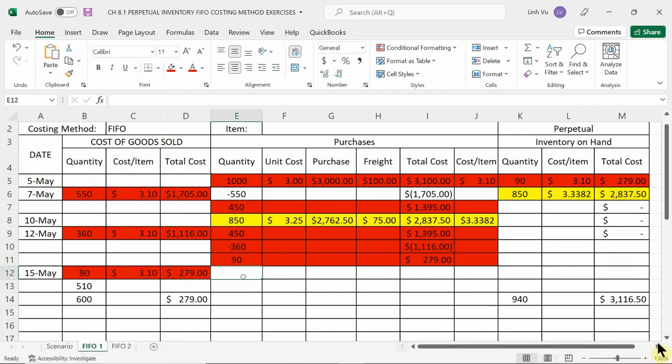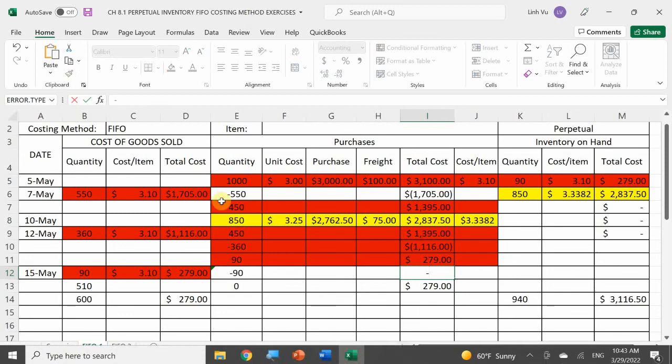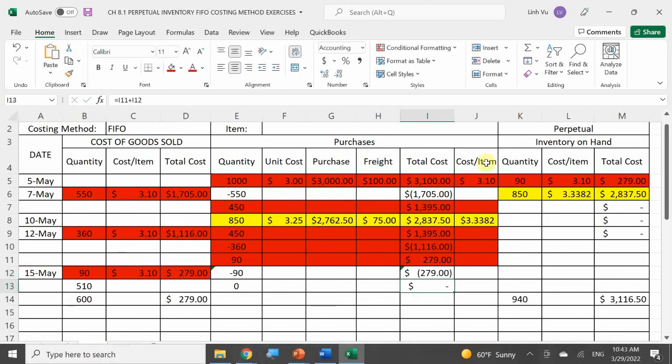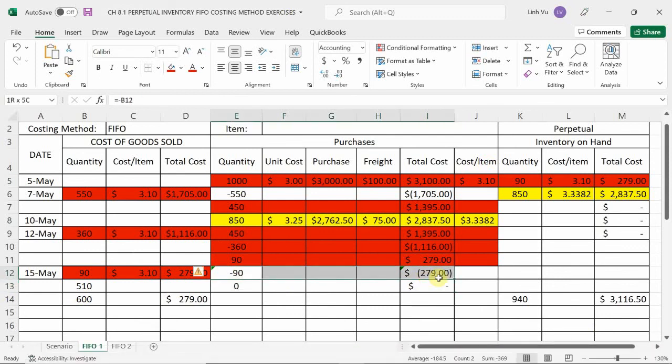I'm going to subtract it out, and that's going to give me 0. If you want to highlight this, it's up to you. So this is my red batch.